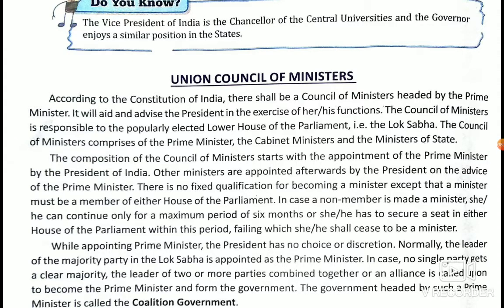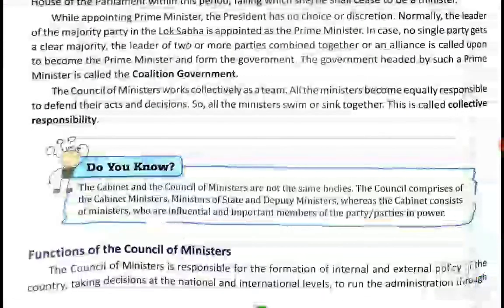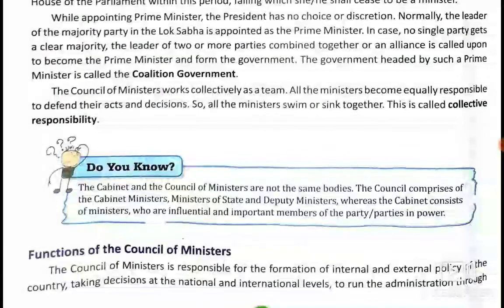Lok Sabha. The Council of Ministers comprises cabinet ministers and ministers of state. These are the categories of ministers: cabinet ministers, ministers of state, and you will also get the deputy ministers.